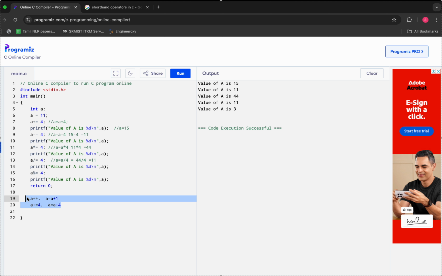That is pre-increment, post-increment. This is assignment. Assignment means combining an arithmetic operator along with the equal sign. Equal is an assignment operator. Now a equal 11, this is also assignment. Assignment operator, but this is not compound assignment. The reason is I am not combining any other operator with the assignment operator.